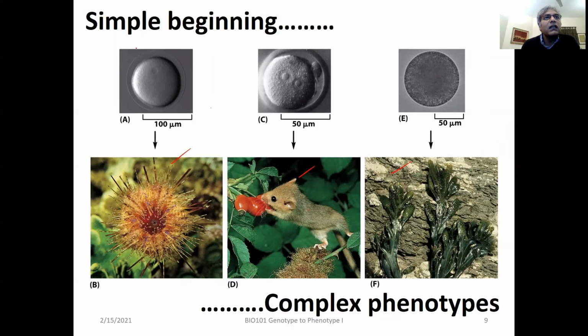Sperm and oocyte fertilize, and we are a single cell. Our beginning is very simple, but then based on the genetic code, our genome, our chromosomes, what we harbor within our cells, we become very different. Complex phenotypes we develop.